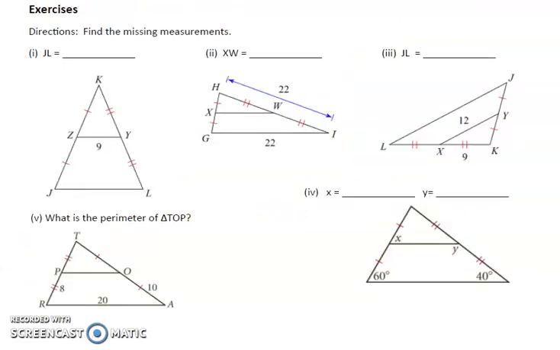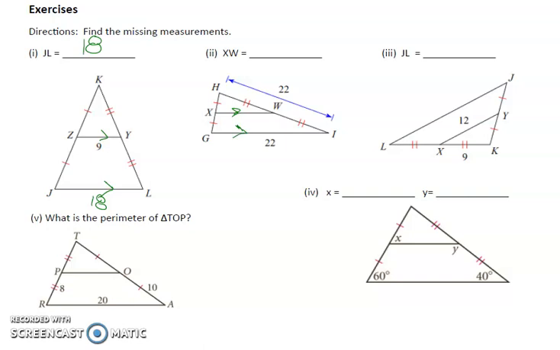In the final set of problems, they're asking you to decide what the measurements would be. Since these are mid-segments, since ZY is the mid-segment and parallel to JL, then ZY is half of JL, so line segment JL would have a length of 18. In problem 2, XW is the mid-segment and it is parallel to GI.